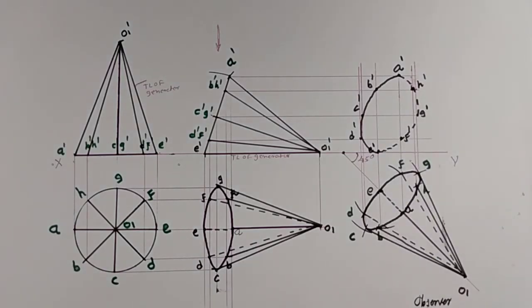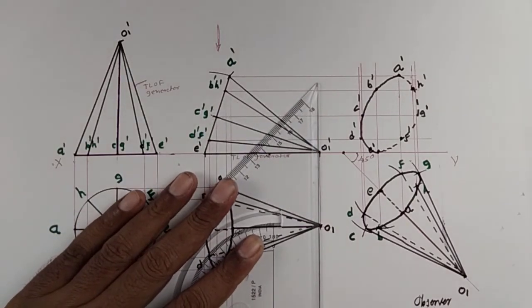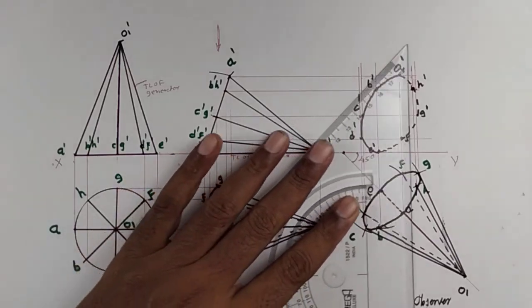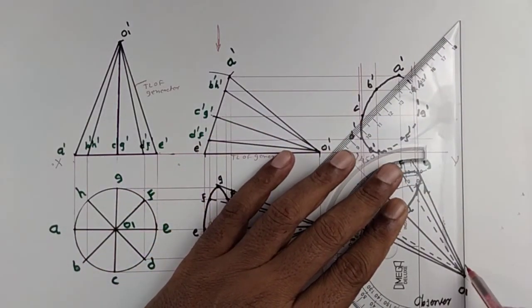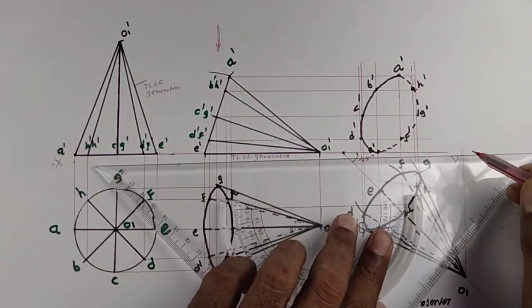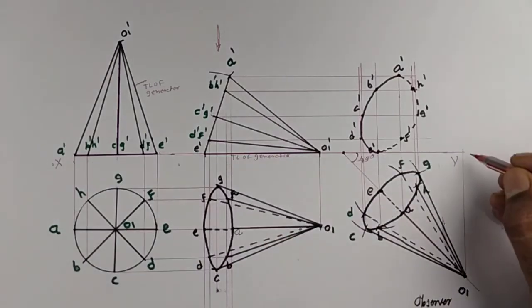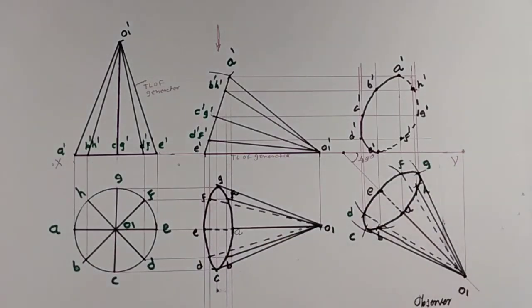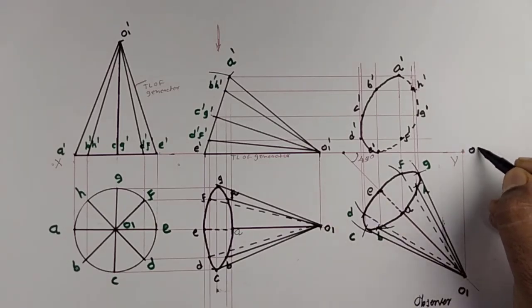Now you can complete your solid with marking all generators. So what I do, I transfer the apex, and my apex, it is on XY line. So this intersection point, it is our O1 dash.